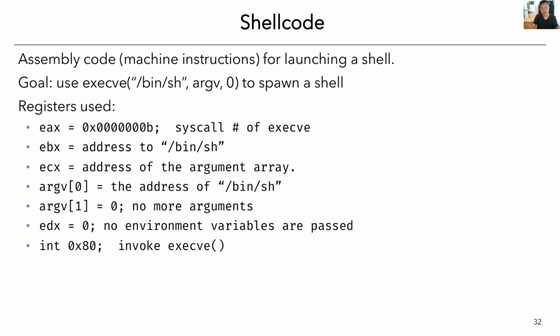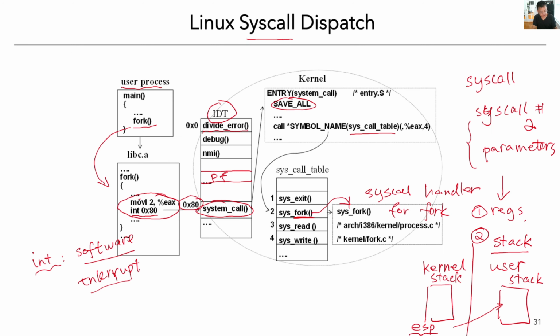The shellcode is usually a piece of machine instructions to launch the shell. We can use execve /bin/sh with argument 0 to spawn a shell. Here are the registers being used. The EAX contains the syscall number. Again, every syscall has a syscall number.